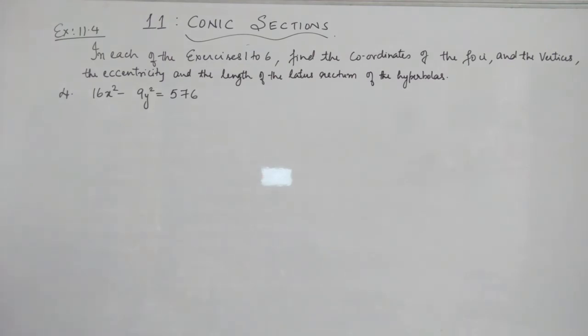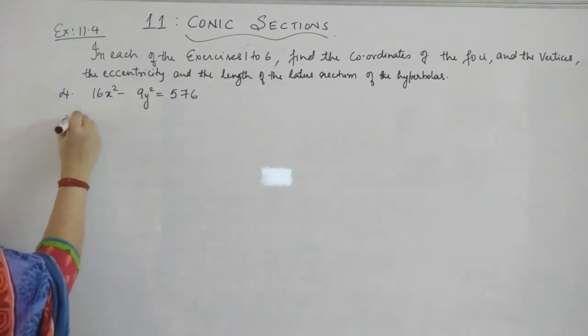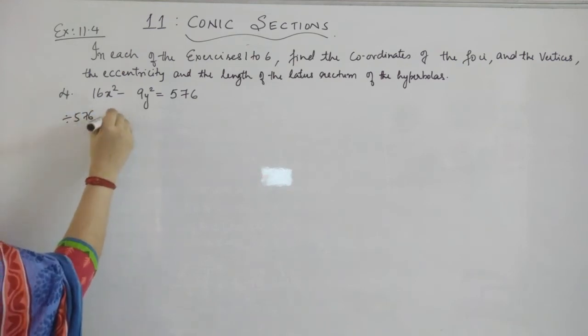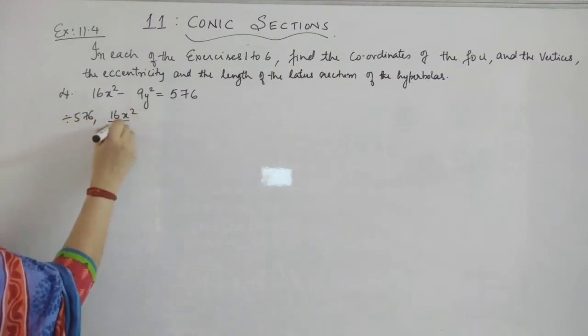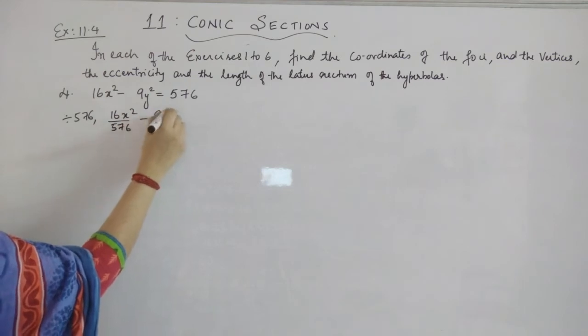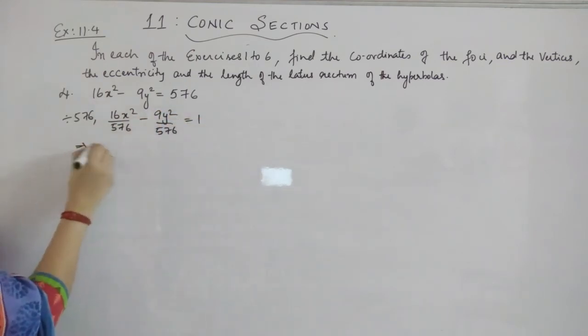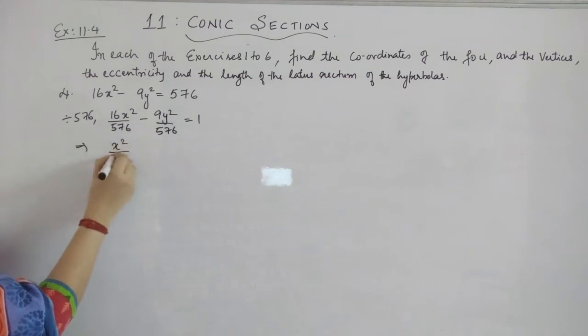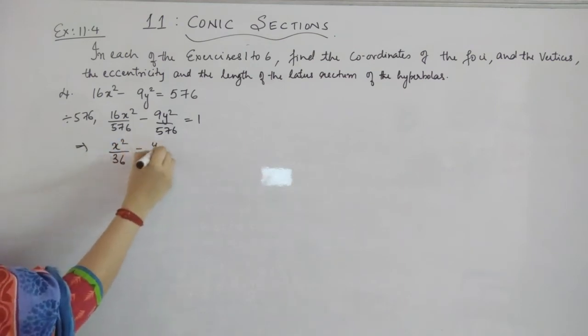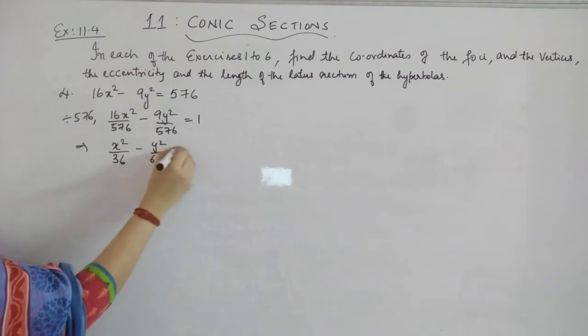Again it is not in the standard form. So first we will divide throughout by 576. We'll get 16x square by 576 minus 9y square by 576 equal to 1. That is, you will get x square by 36 minus y square by 64 equal to 1.